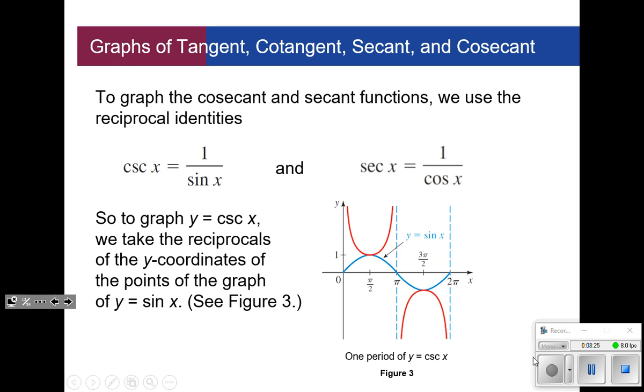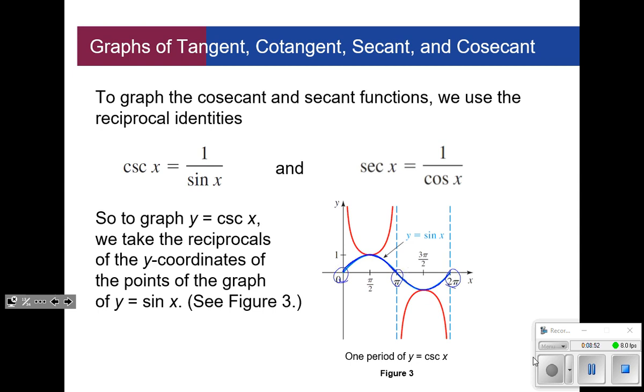So you can see here, we're first talking cosecant. Notice in blue, they graphed the sine function. That's the normal sine function. It starts at 0, goes up to 1. At pi, it hits 0 again, comes back. Every time it hits 0 is where the cosecant function is going to have a vertical asymptote.